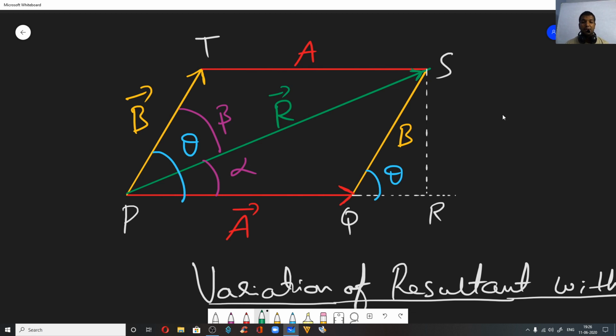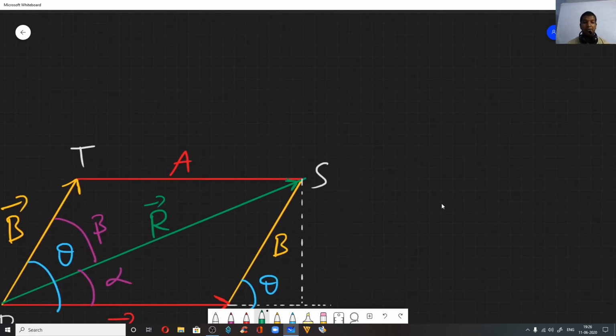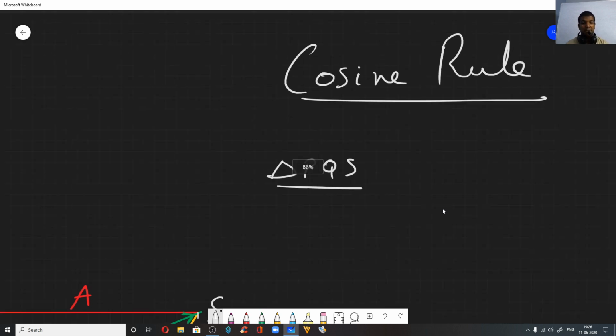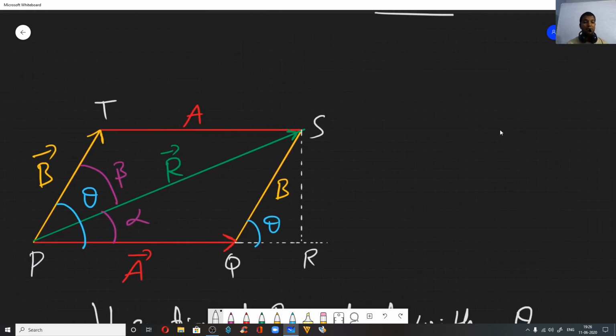Now if you take a look at the triangle PQS, I suggest you write everything in your notes. In triangle PQS, let us mark the angles.